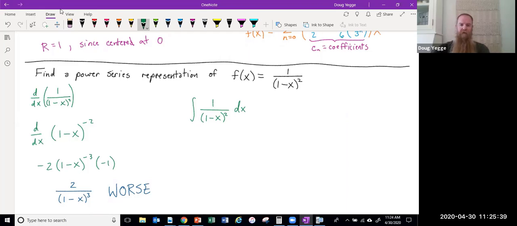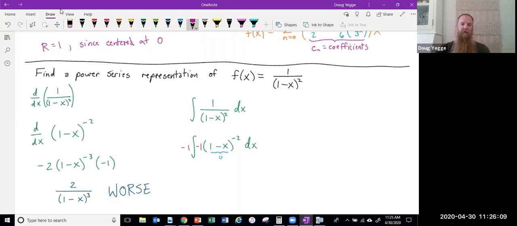Well, if I rewrite that, it becomes the integral of 1 minus x to the negative 2 dx. If I'm going to do this, I would have to use u substitution here. So the derivative of u is negative 1. So I'm going to multiply the inside by negative 1 to get what I need, and multiply the outside by negative 1 as well. Now I'm just integrating u to the negative 2 du.